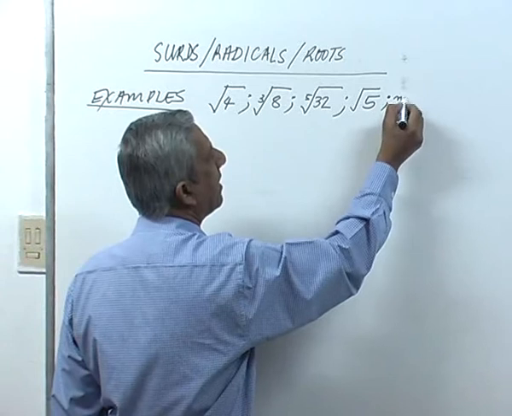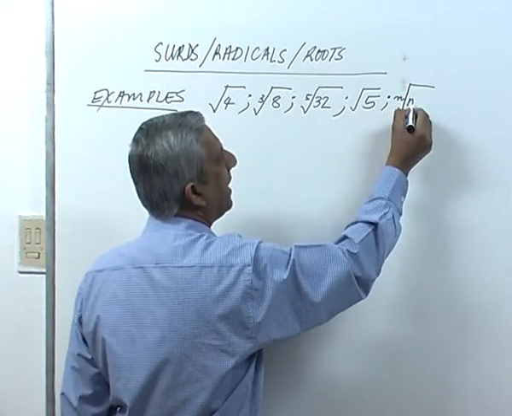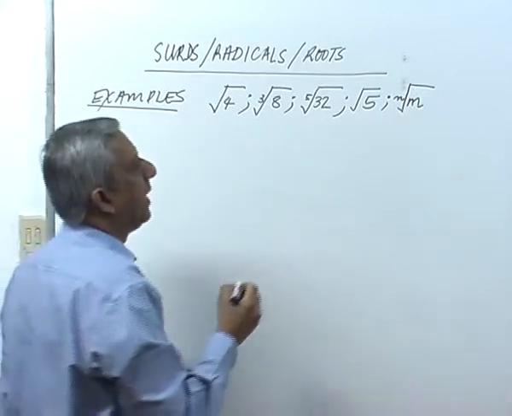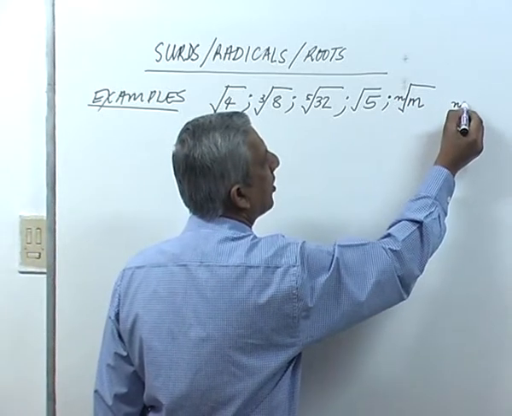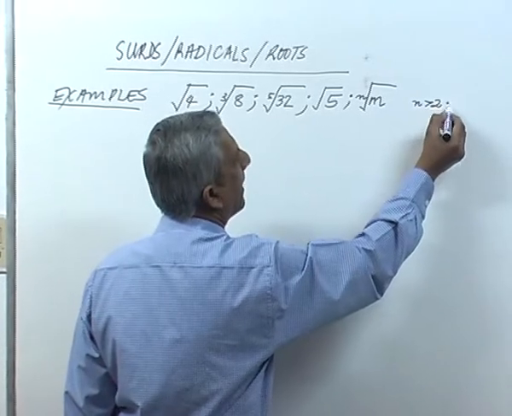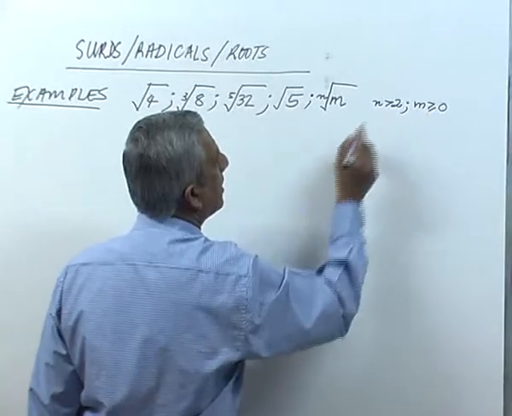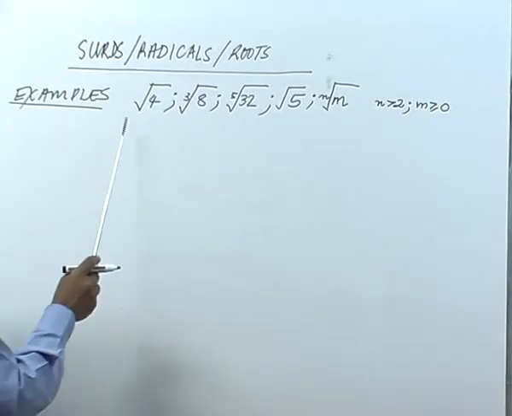I can write n here, which stands for any number. I can write m here, which stands for any number. And of course, we say that n must be greater than 2 and m must be greater than or equal to 0, right? So, there we are.